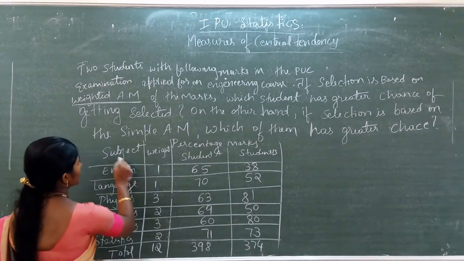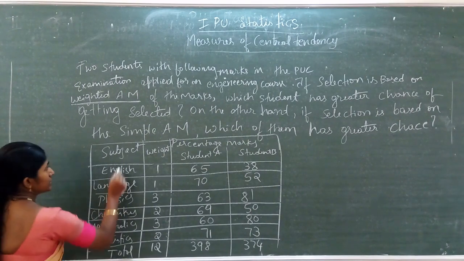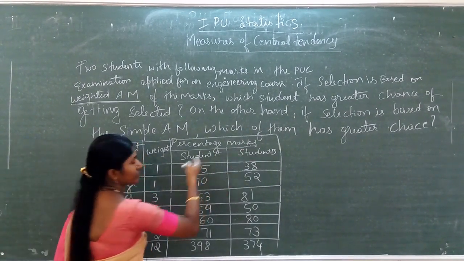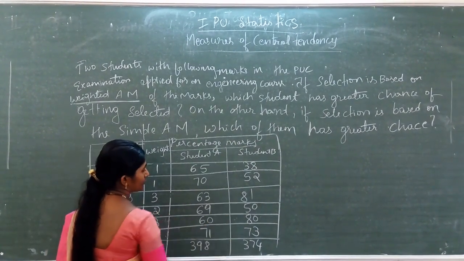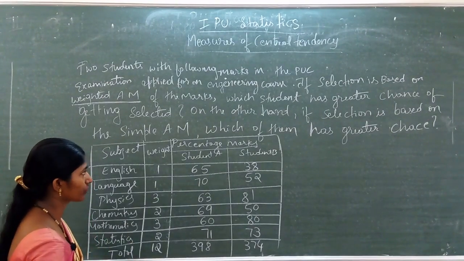Here the data is given in a table, with the subject written and the weightage given for the percentage marks. The weightage is given in the question. This is student A and student B, both want to join the engineering course.